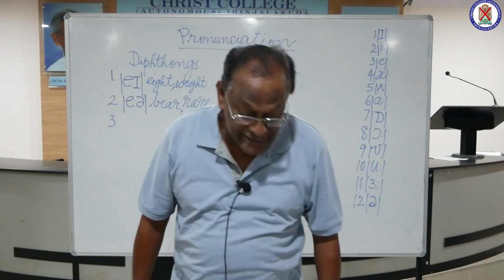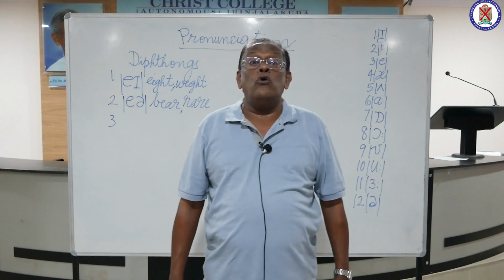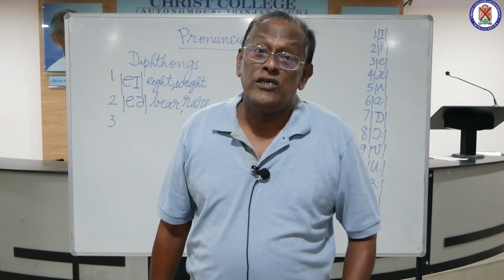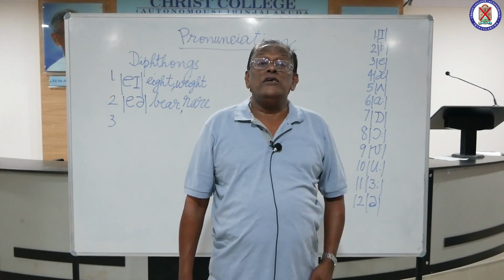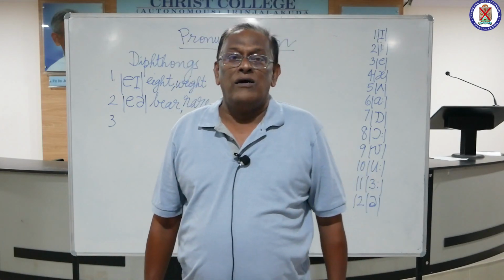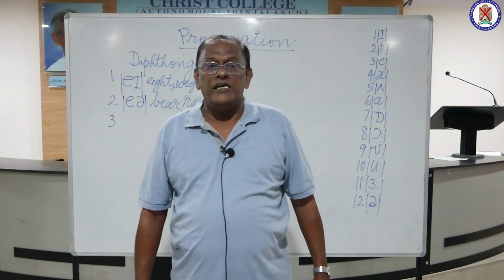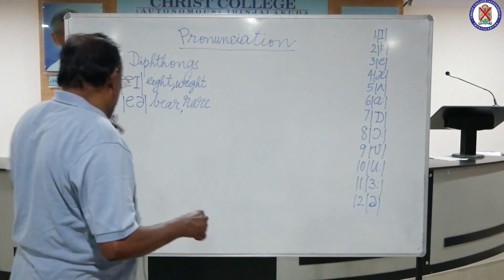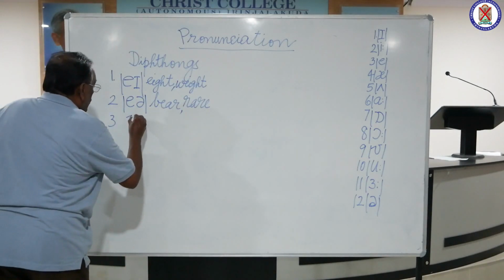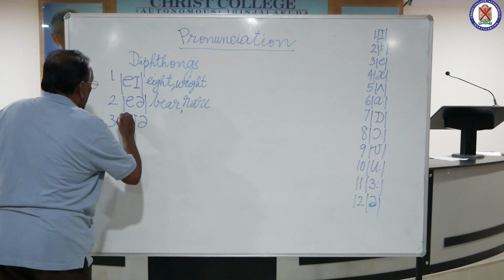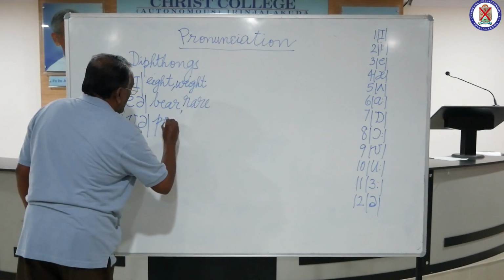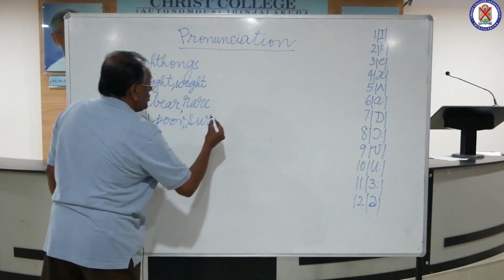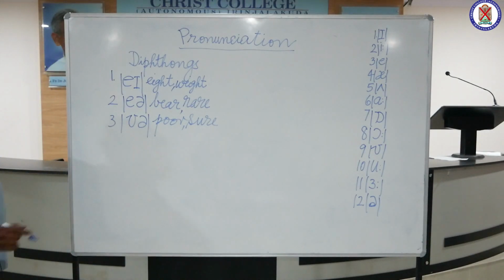You have the sound in words like POOR, poor, SURE, sure, CURE, cure. In all these words, you have this diphthong, and it is represented by u and number 12. S-U-R-E, sure.